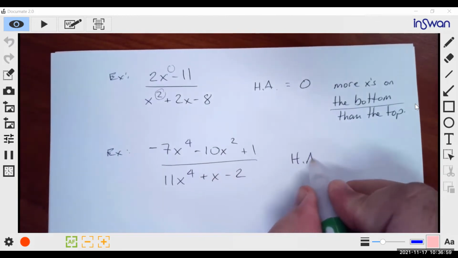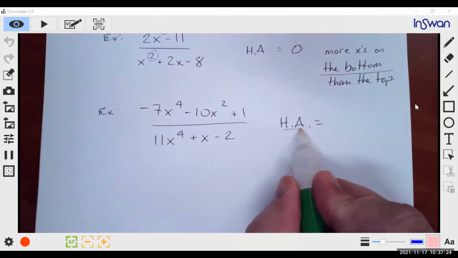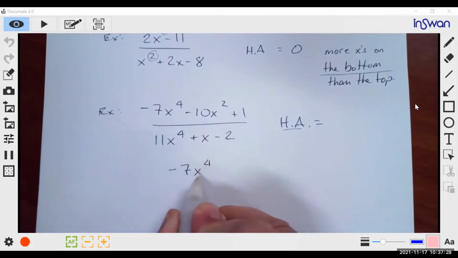What's my horizontal asymptote here? Nope. Remember, whenever we talk about horizontal asymptotes, only look at the leading terms.